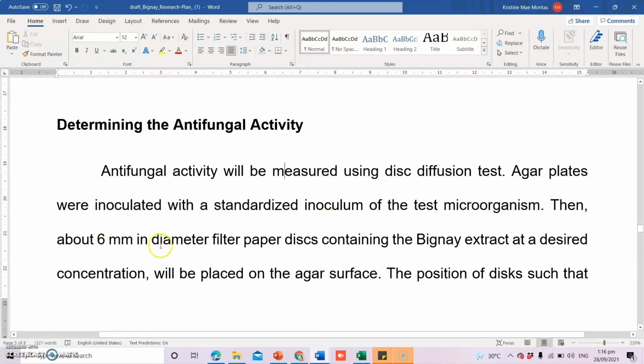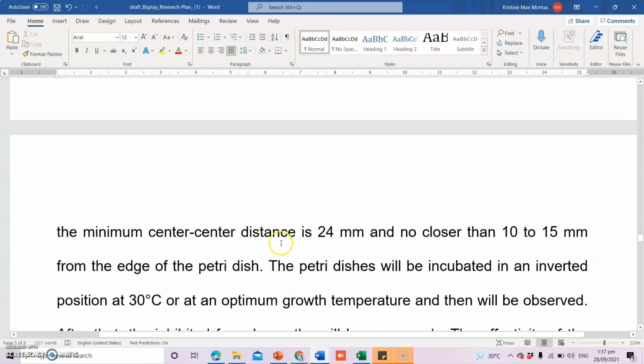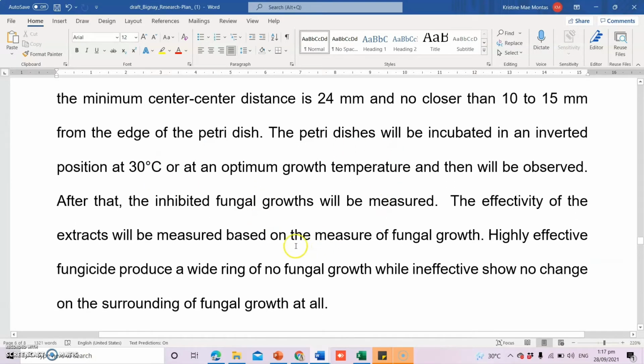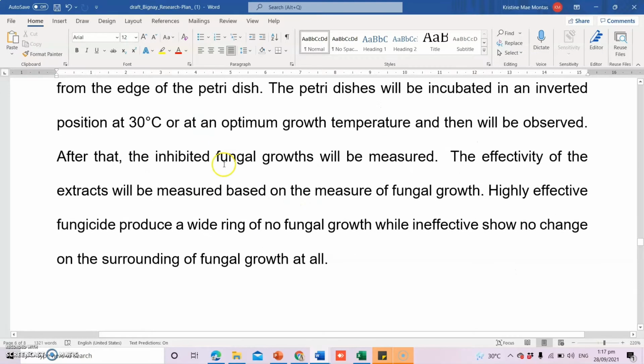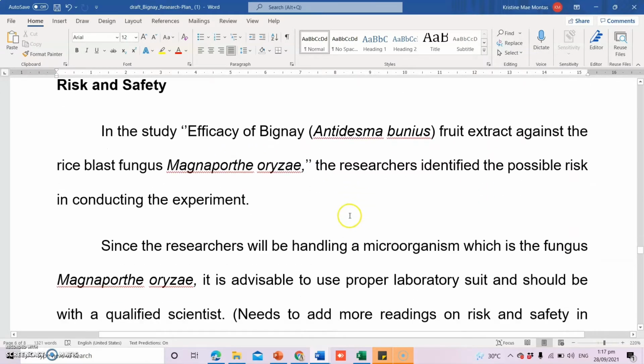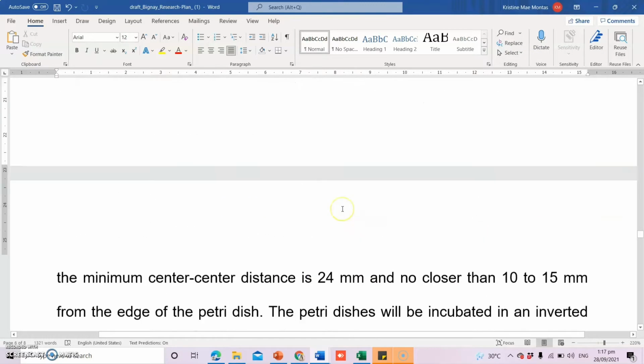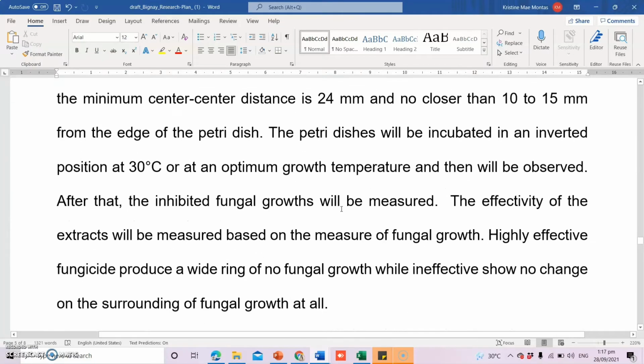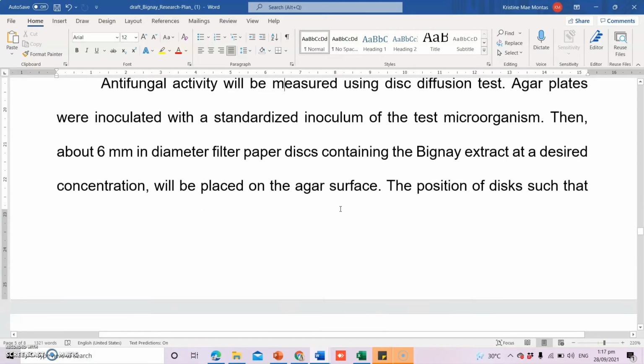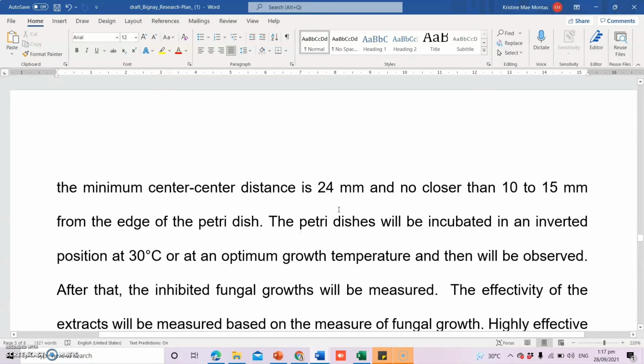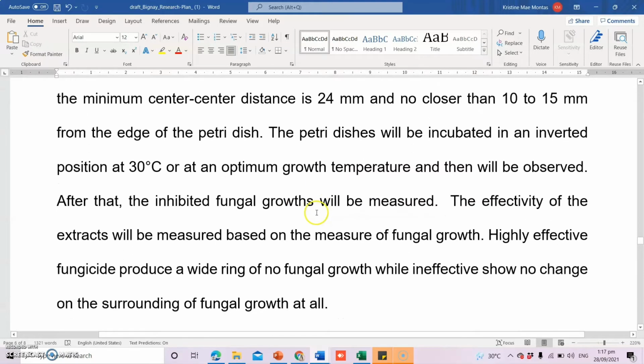Then, about 6 mm in diameter filter paper disc containing the bignay extract at a desired concentration will be placed on the agar surface. Okay? So, kumbaga, lahat yan ay kailangan very detailed. And that is for the procedure. Hindi lang basta makapagsulat ng one sentence only, but you have to write it in detail.